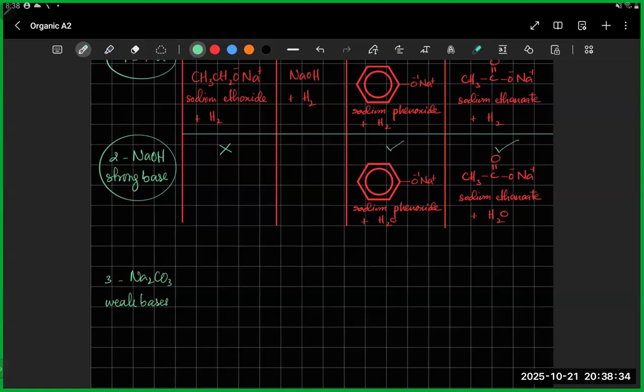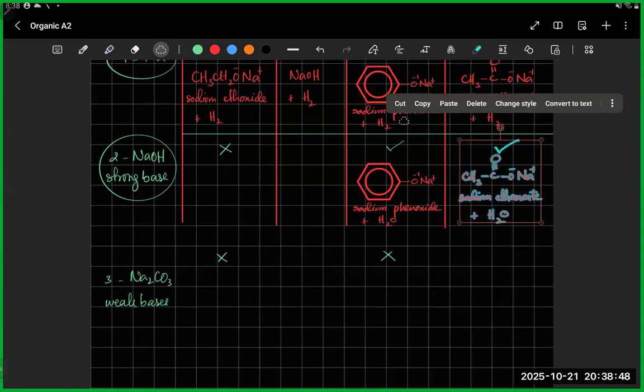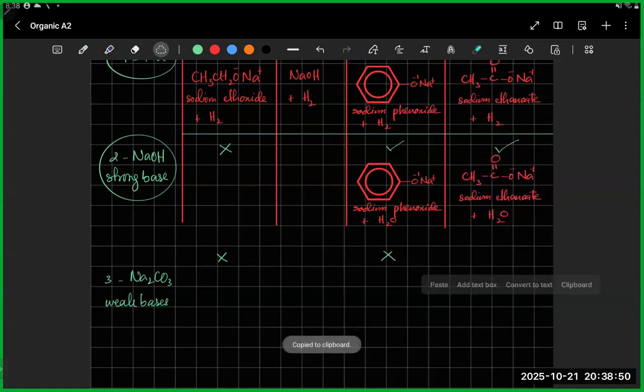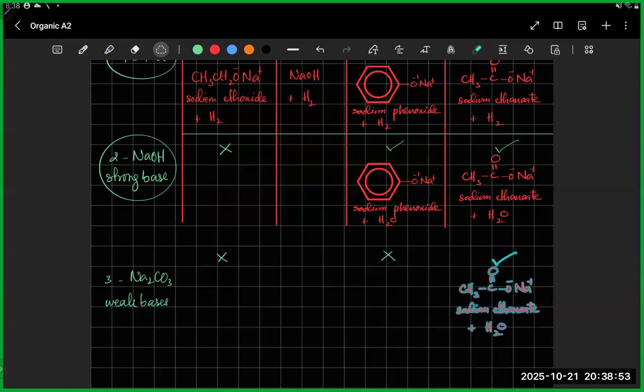Now, in this case, what happens is that alcohols don't react because they're very bad acids. Phenols even don't react. The only one that reacts with a carbonate is a carboxylic acid. So carboxylic acid is the only one that's going to react, and it will produce water plus carbon dioxide.